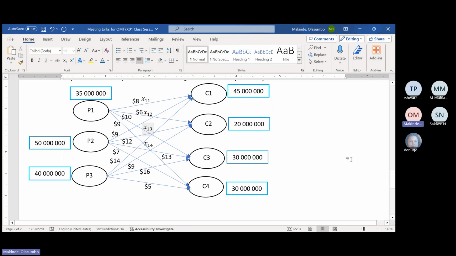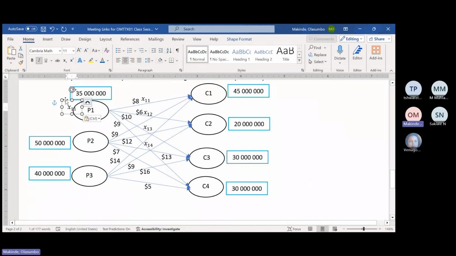X14 is there. Then X21 is somewhere here, 2 to 1. So you can see you have many decision variables for this problem. X21, I can decide to put it here also. It's up to me.